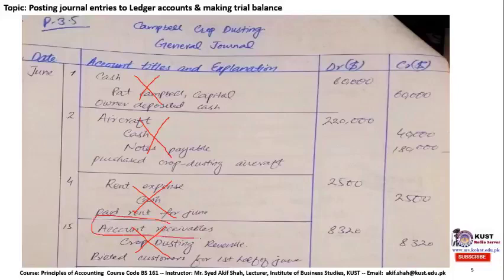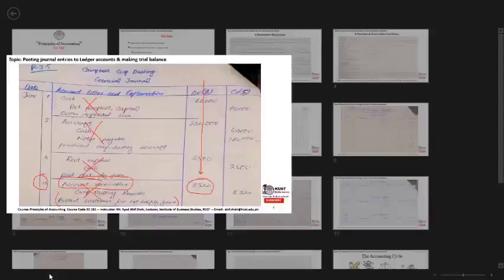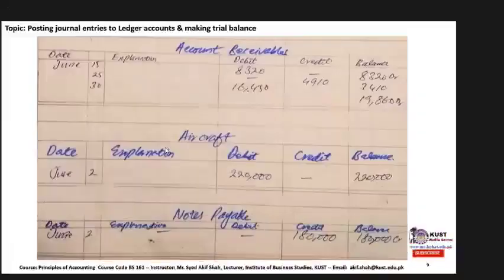So you have to carefully analyze your transactions. On June 15, the company had $8,320 of account receivable in the debit column, and the narration states bill customer for the first half of June. So how do we make this second ledger account? Let's go back to the ledger section.